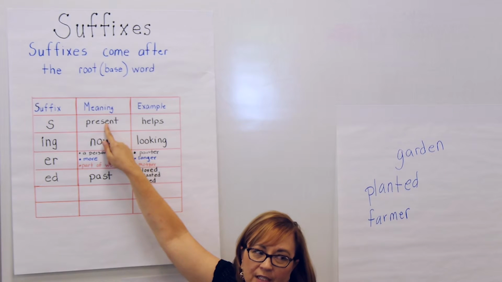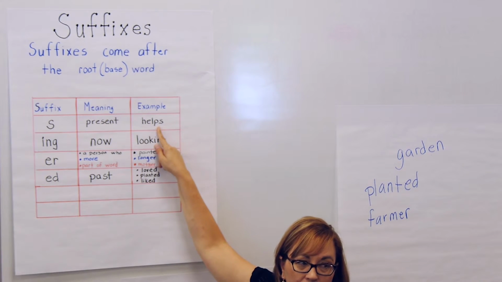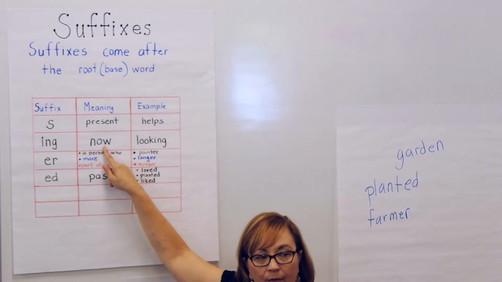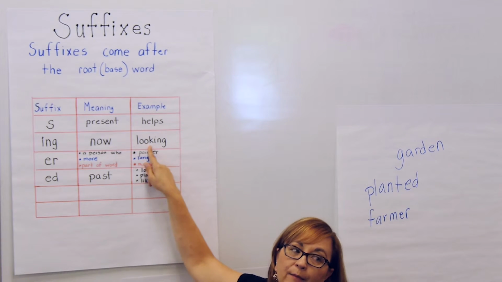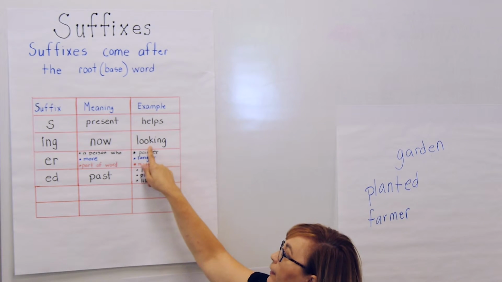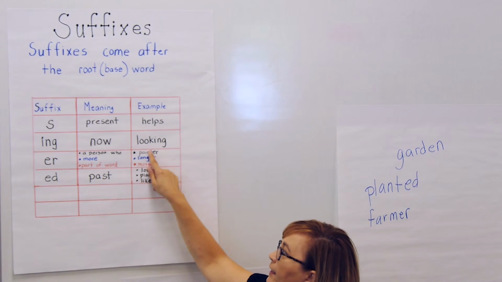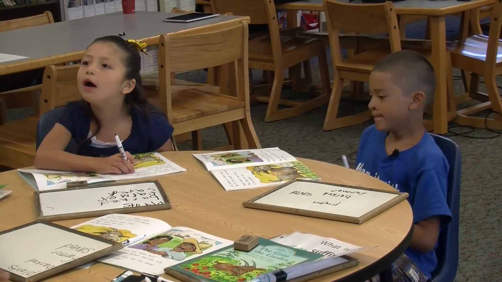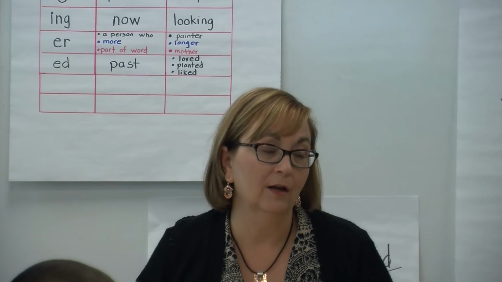Not a present you get for Christmas, but something that's happening right now. An example would be helps. And if we did ing, that's kind of happening right now, like you're helping me, or you're looking in the book. And then that ed, they have a couple separate things that we have to think about a little bit more there. Or like ER, helper. Are you my helper today? You are. That's absolutely right.